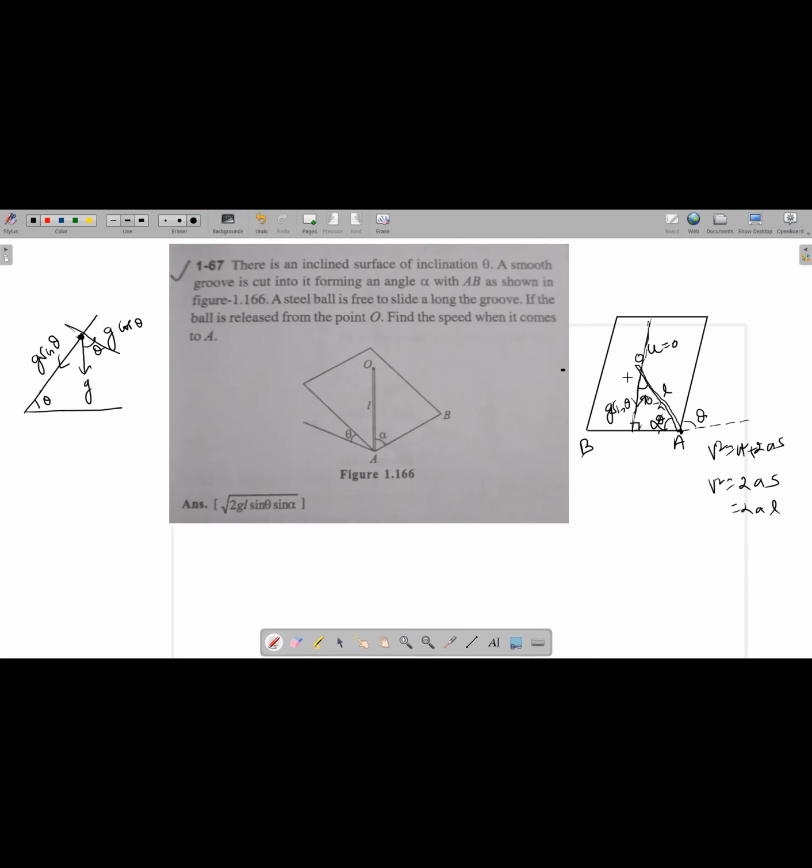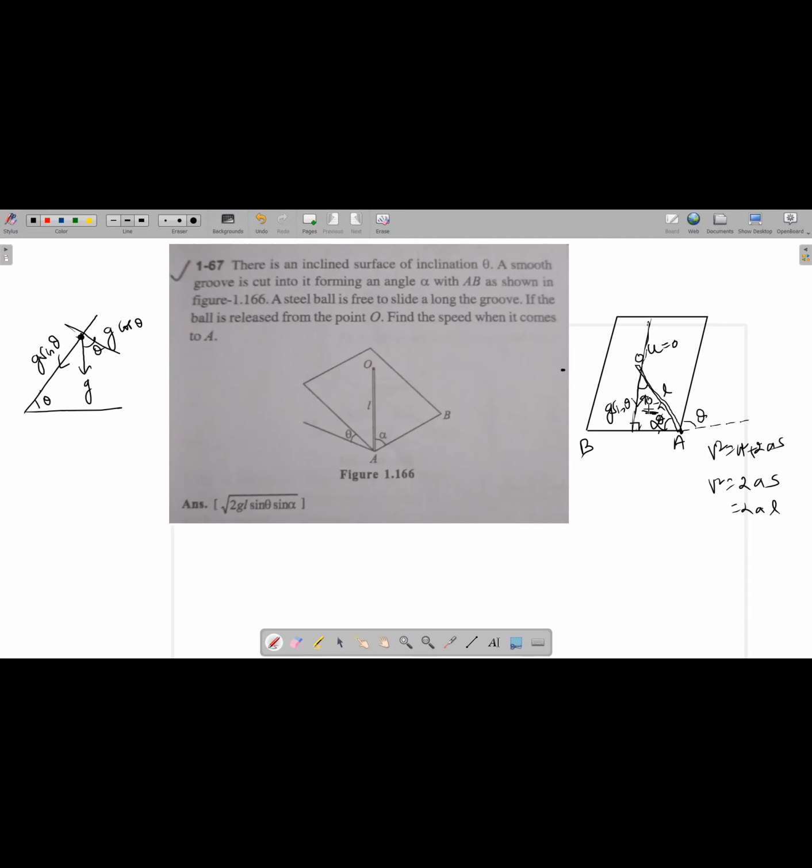If the ball were coming along the line perpendicular to the baseline, then its acceleration would have been g sin theta only. But it is coming along some other line making an angle with the baseline AB. So you have to take the component of acceleration g sin theta along the groove.